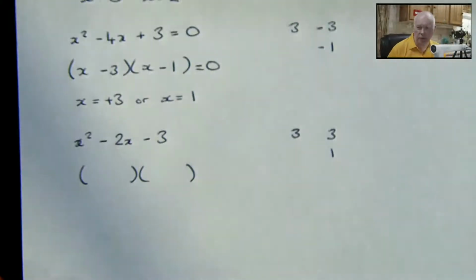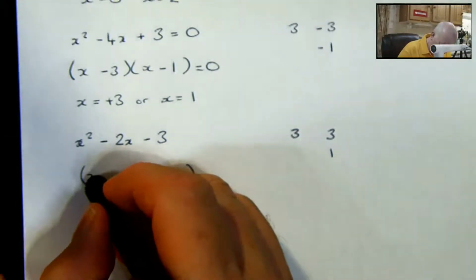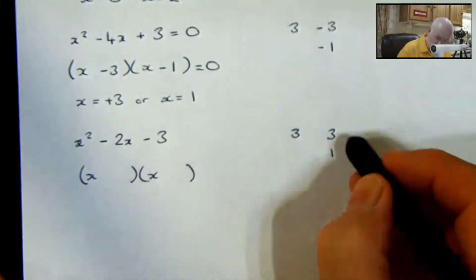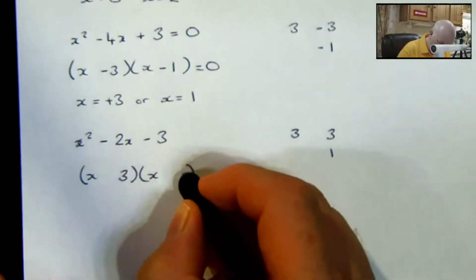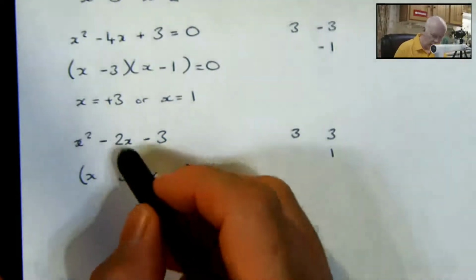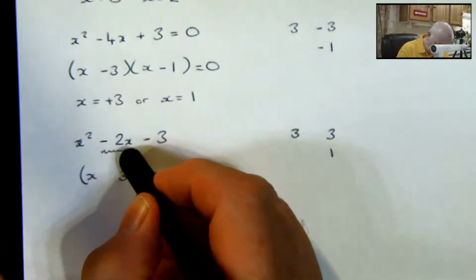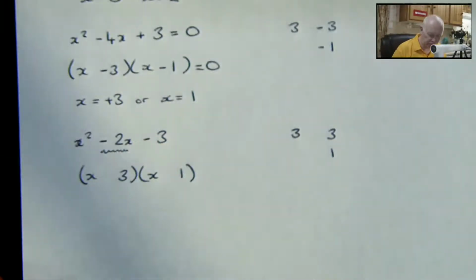Now, you've probably worked out what we've got to do. We've got our x and we've got our x. We've got our factors of 3 and 1. Now, this number here is negative.